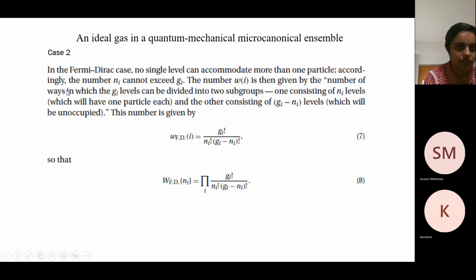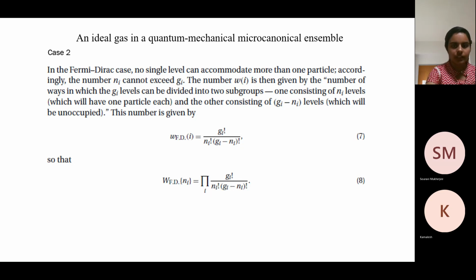Now in case two, the Fermi-Dirac case, you can have only one particle or no particle in the states. So no single level can accommodate more than one particle, which means Ni cannot exceed Gi. In a way, you can group these Gi levels into two subgroups, one which has particles and another which does not.